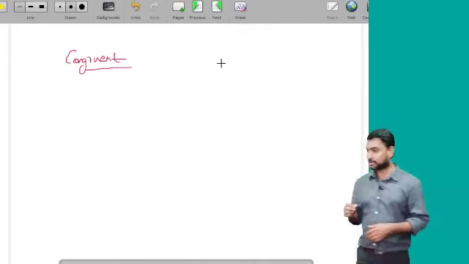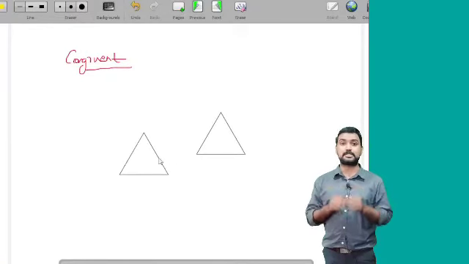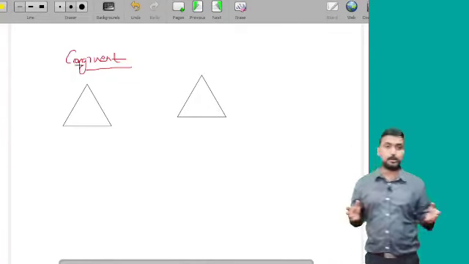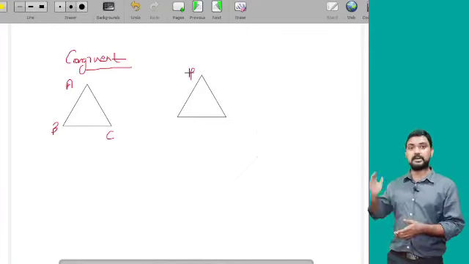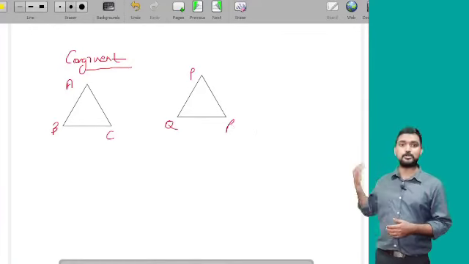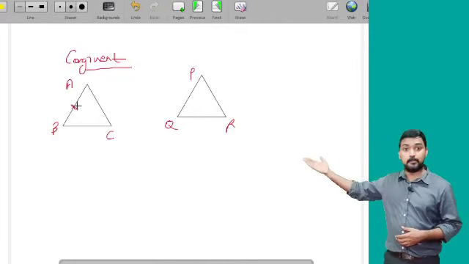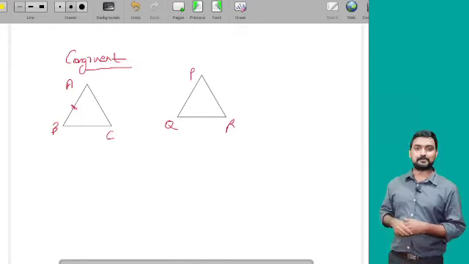Now we can enter another topic which we studied in our class 9th, which is congruency of two triangles. What do you mean by congruent triangles? Congruent triangles means we are comparing two triangles. So we require two triangles. Here triangle ABC and triangle PQR are there. Just observe these two triangles.